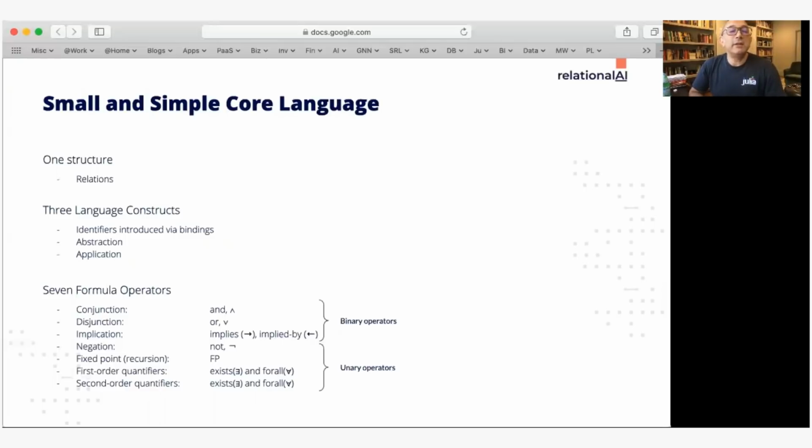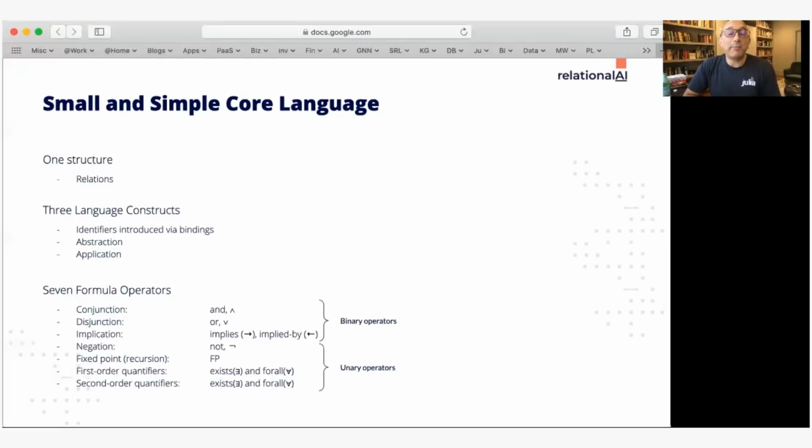And there are 7 types of formula operators. The first 6 you know very well: conjunction, disjunction, implication, negation, the fixed point operator, which is recursion, and first order quantifiers, which you can use to build aggregations and reduce relations, you know, sum across the rows of a relation.